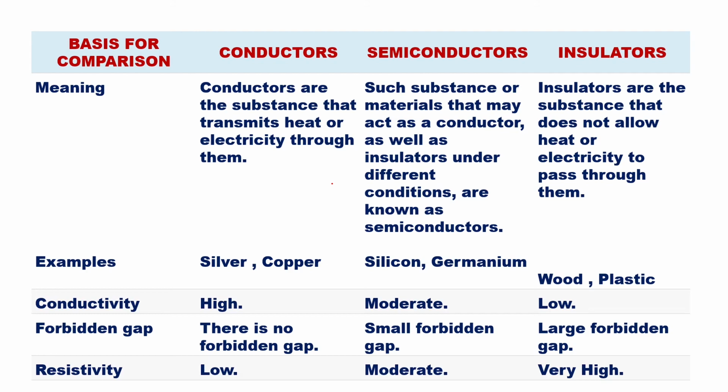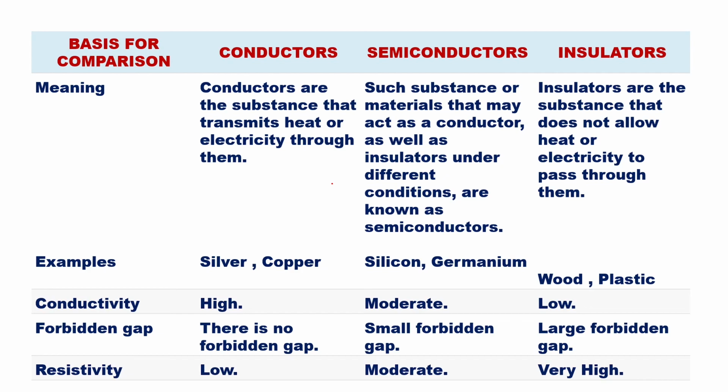Insulators are the substances that do not allow heat or electricity to pass through them. For conductors, silver and copper, like metals, come under conductors, which allow electric current to flow. Common examples of semiconductors are silicon and germanium. Examples of insulators are wood, plastic, glass, rubber, etc.